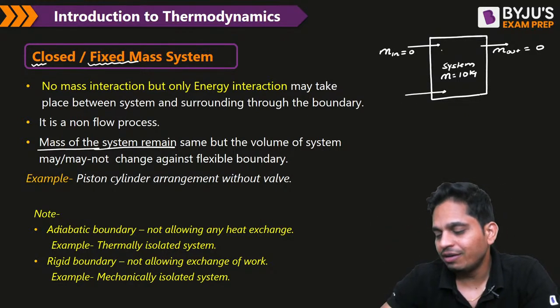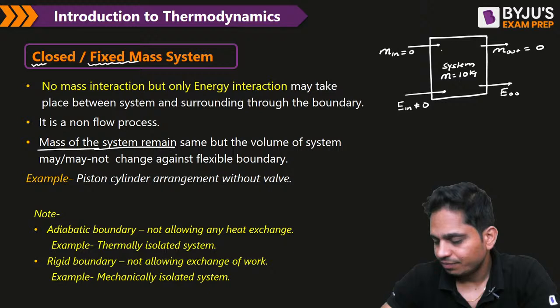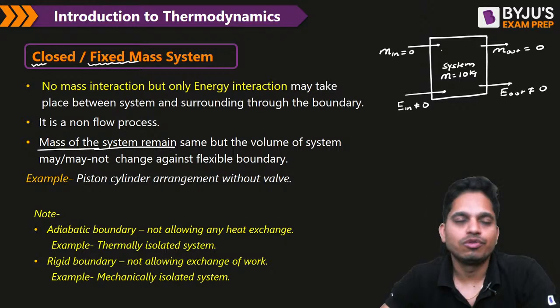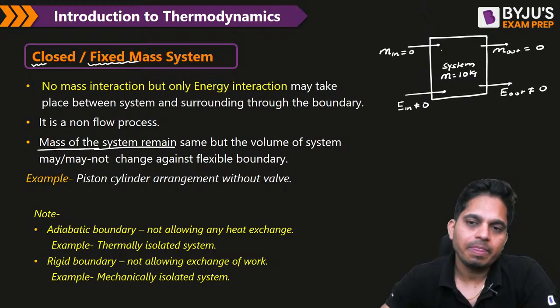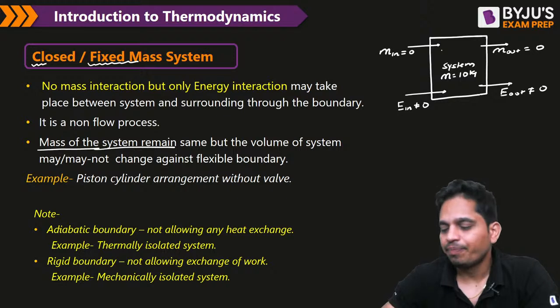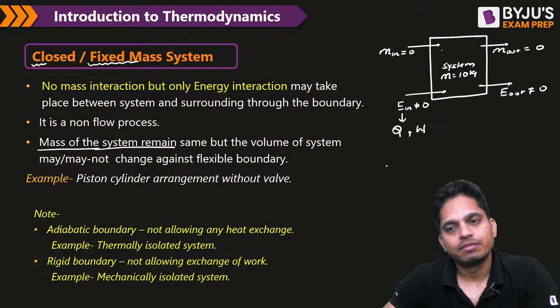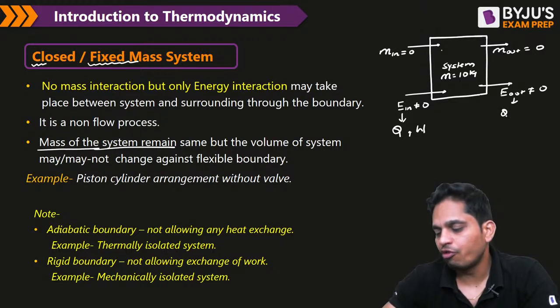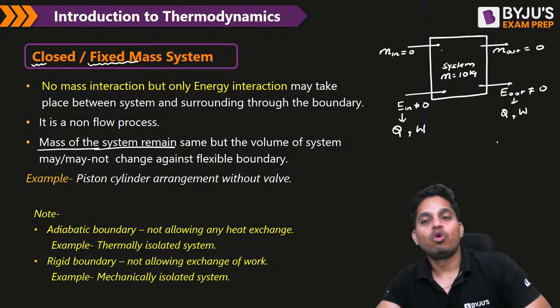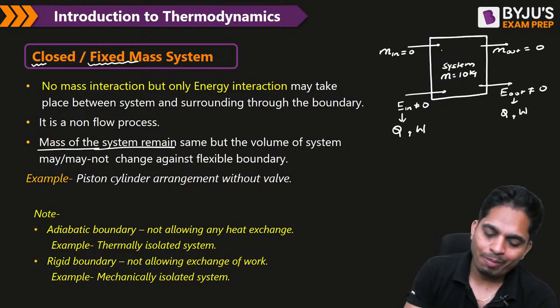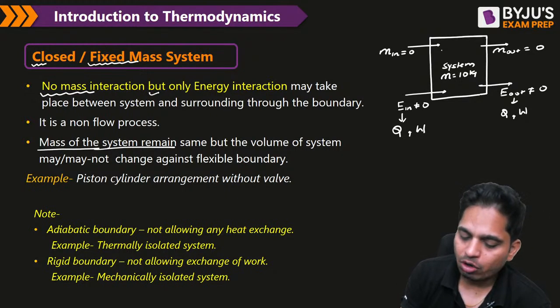Energy can go in, energy in is not equal to 0, and energy can go out as well, which is not equal to 0. Now this energy transfer can either take place in the form of heat or in the form of work. Similarly, this one can also be in the form of heat or work. So no mass interaction, but only energy interaction.